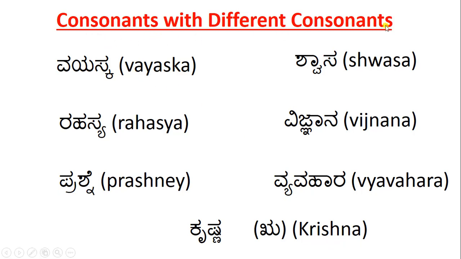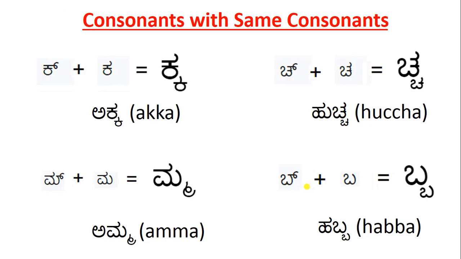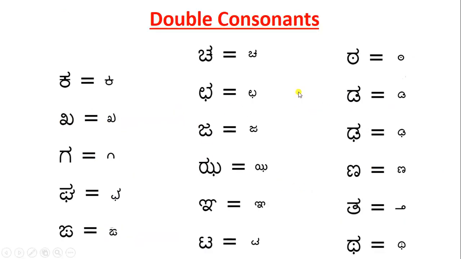Now, to understand this better, let us use these for example. Going back, we have come across this. Now this is the symbol for this, this is the symbol for this, and so on.